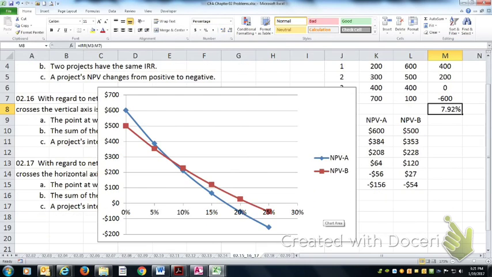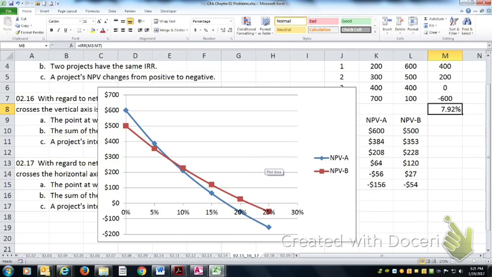At 7.92%, that's right around here, this is the rate of return on the horizontal, NPV on the vertical. Where they intersect, by definition, they both have the same NPV and the same required rate of return.